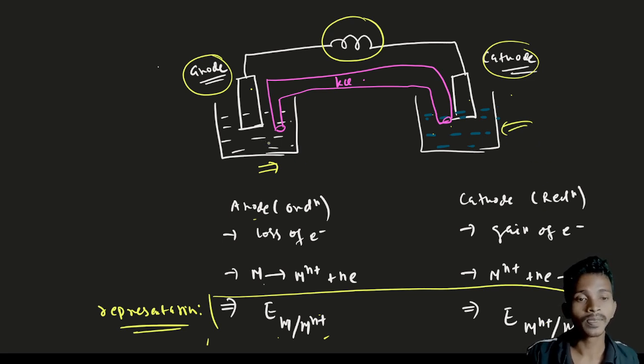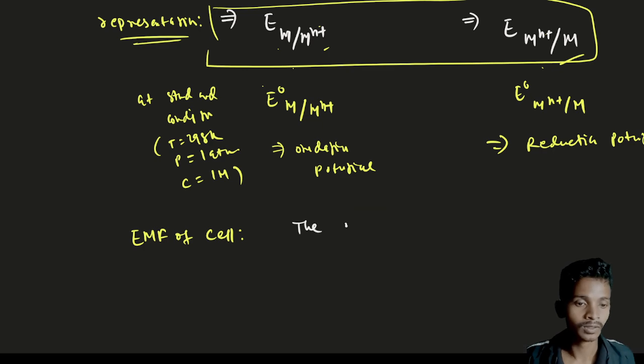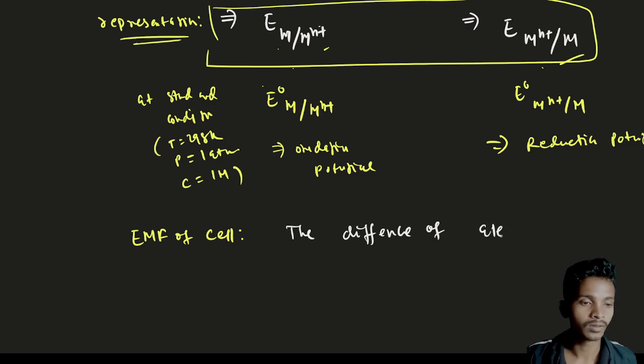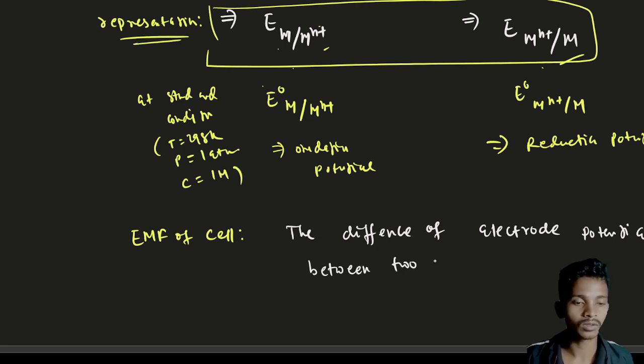The difference between the electrode potentials of these two is called the EMF of the cell, the difference of electrode potential between two electrode rods.